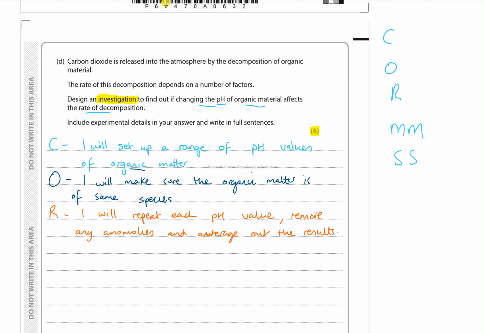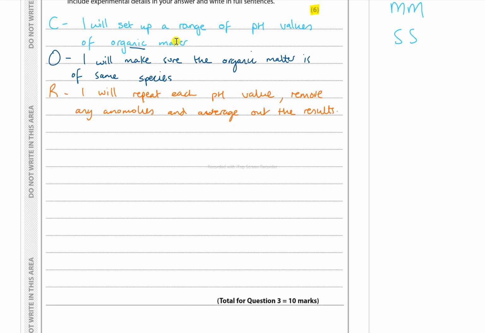Right, what will you measure? That's a good one. What you can do is, I will measure the loss of organic matter.